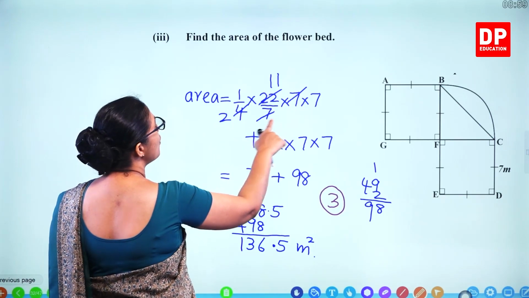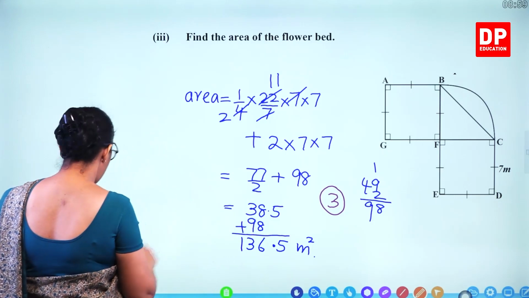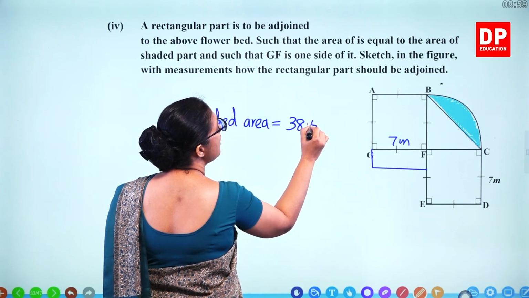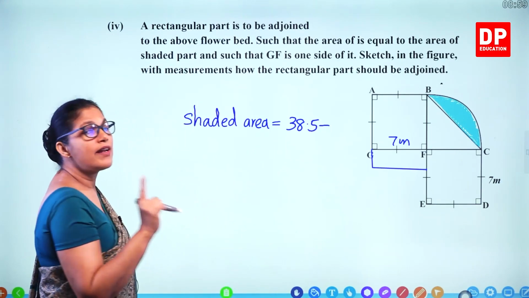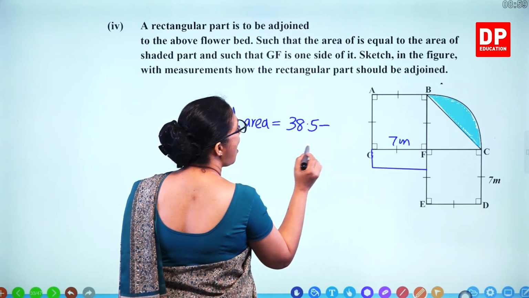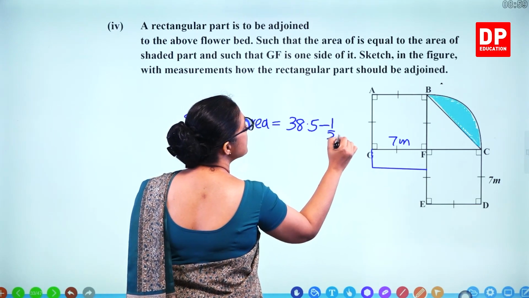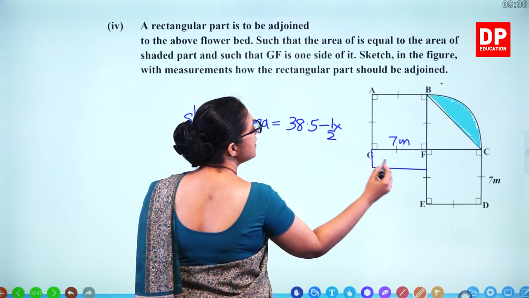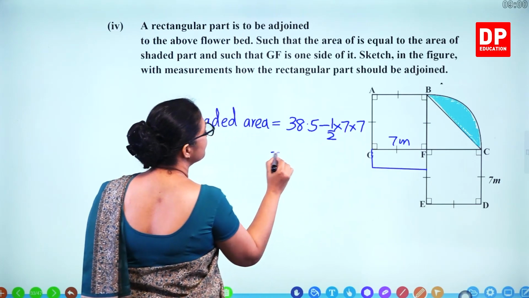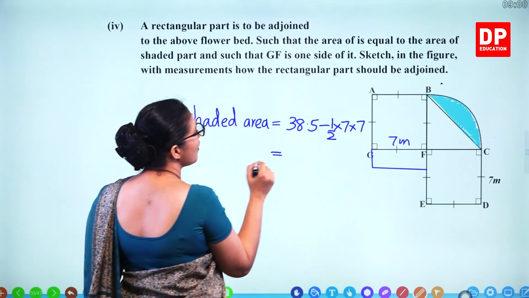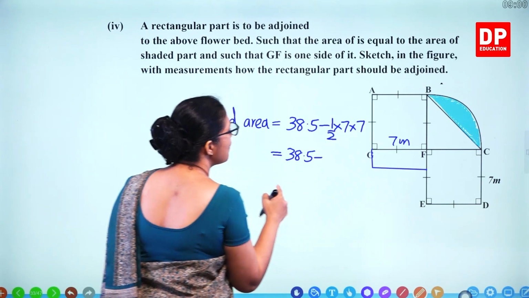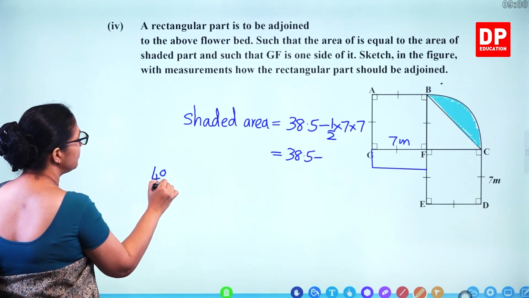Sector area we found, 38.5, minus the area of the triangle. How do you find the area of the triangle? Half into base into height. Base is 7 and height is also 7. 38.5 minus 7 times 7, 49, divided by 2.